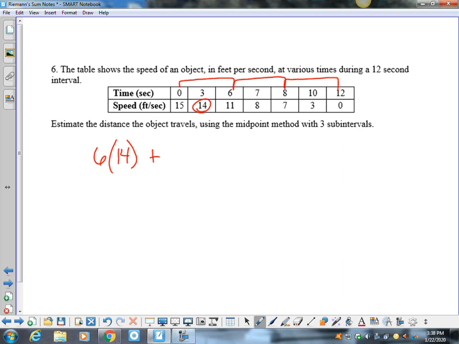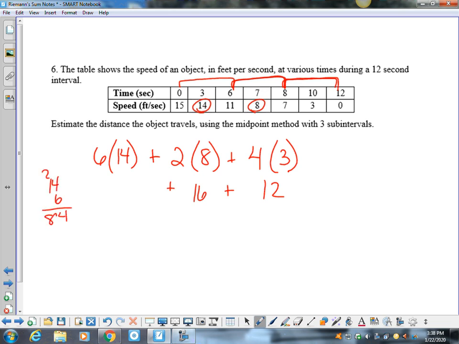And the width of my next interval is 2. And midpoint would be an 8. And the next one is a 4. And the midpoint's a 3. Let's see, that's a 12, that's a 16. And that's an 84. 16 and 12 is 28. 84 plus 28 is 112.